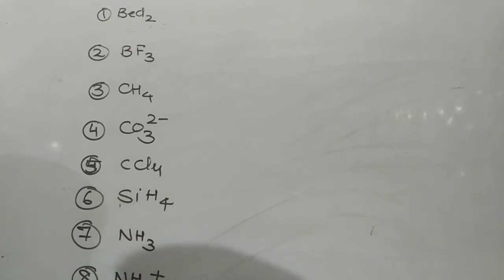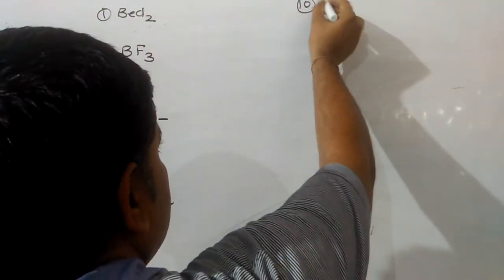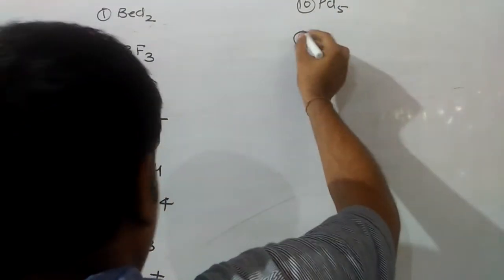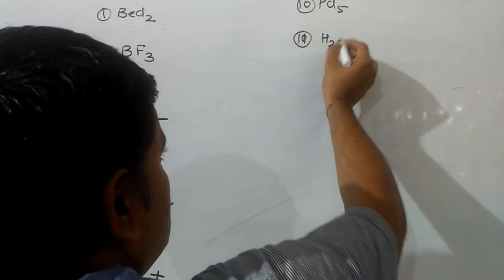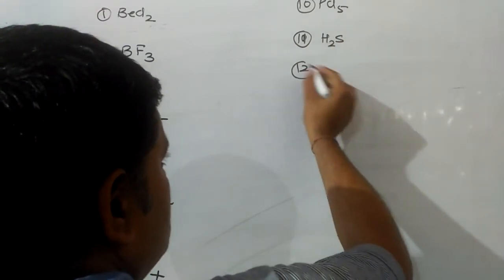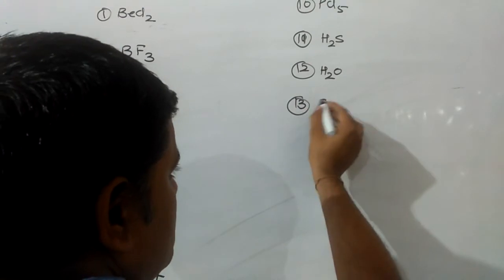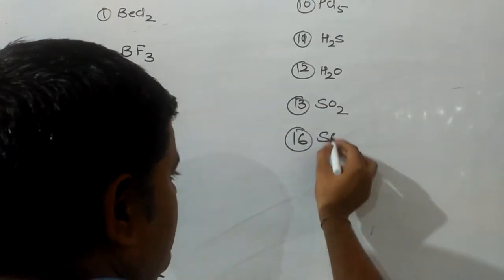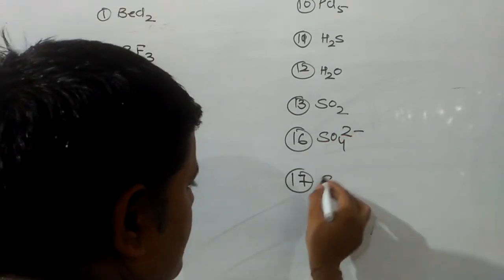Next one is PCl3. Next one is PCl5. Next one is H2S. Next one is H2O. Next one is SO2. Next one is SO4 2 negative. Next one is SO3.